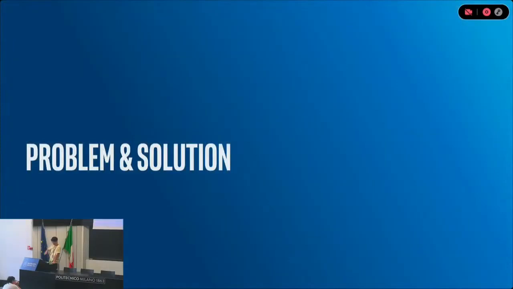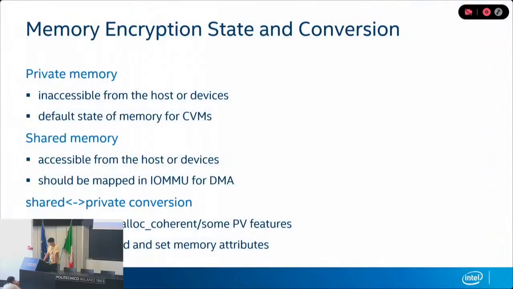So this part is problem and solution. So why can device assignment not work as is for confidential VM? First, a recap of memory encryption state. Confidential VM has both private memory and shared memory. Private memory is inaccessible from the host or device.